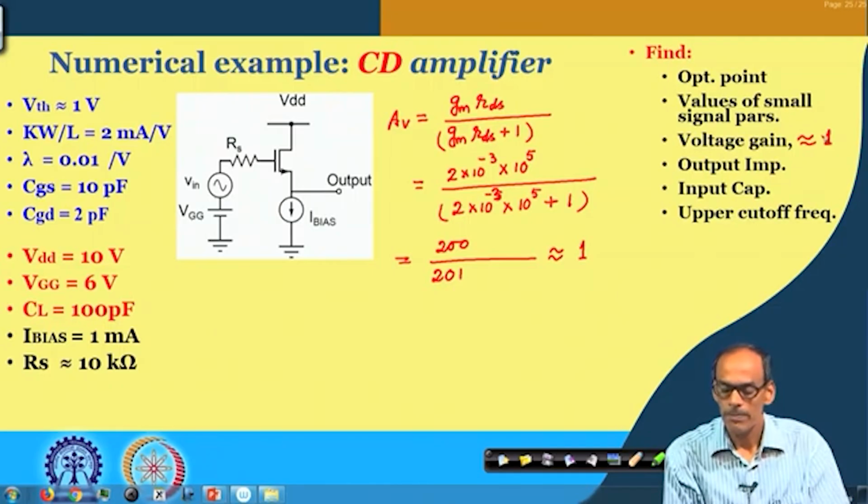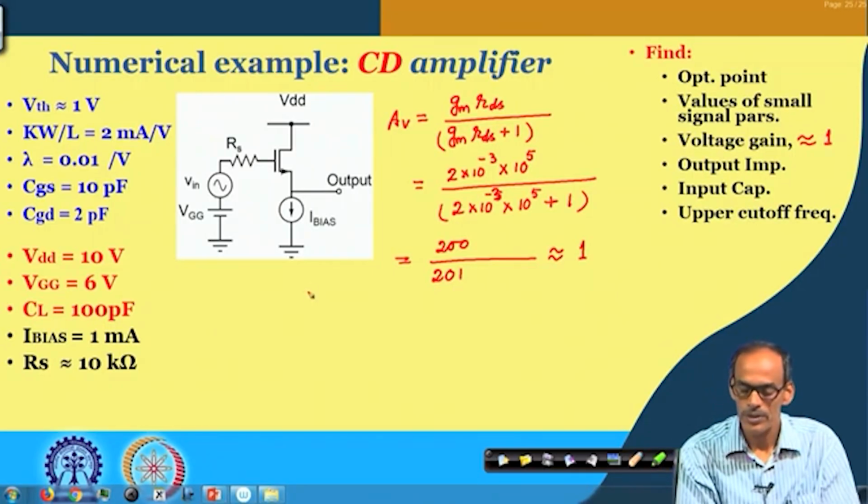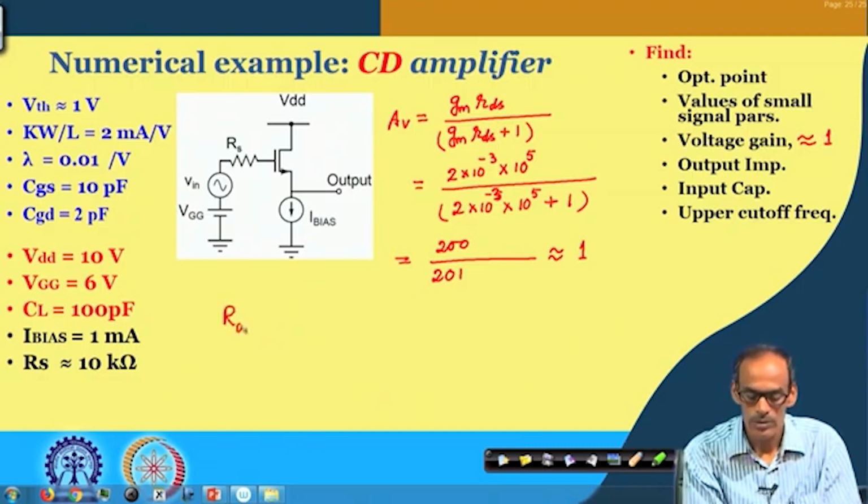and then the output impedance. If you see the output impedance, R out equals 1 divided by GM plus 1 by RDS.